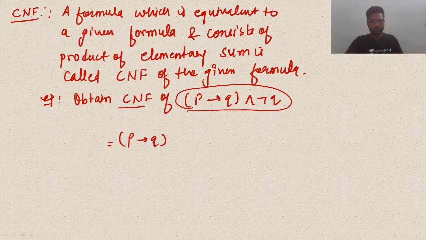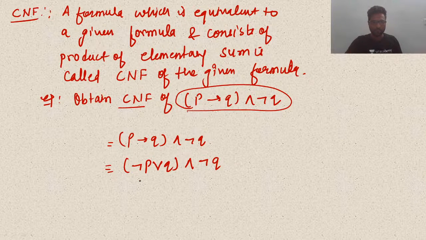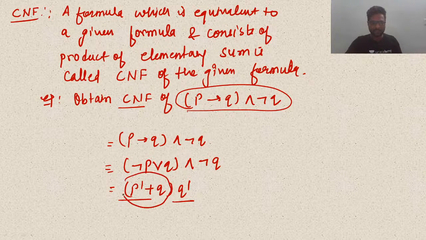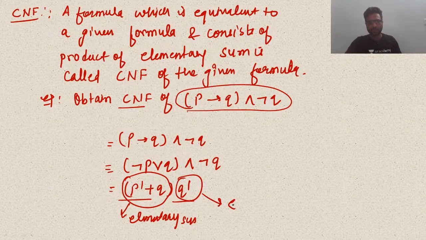P implies Q and negation Q can be written as negation P or Q, and negation Q. So you can write it like P dash plus Q, followed by Q dash. This is the product of elementary sums. This is also known as an elementary sum.